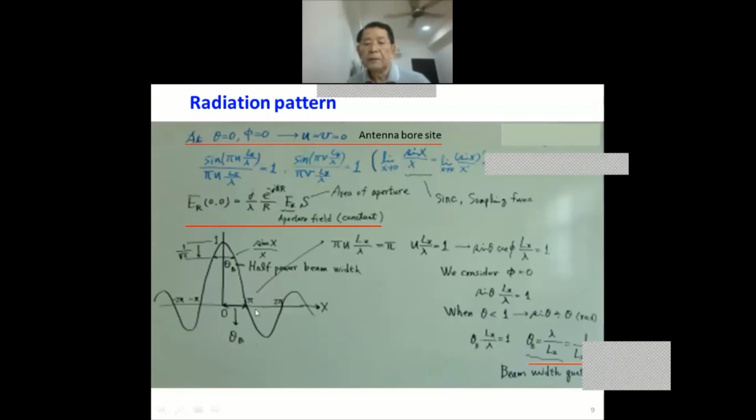So theta b, we are considering this angle at this condition. Then theta b Lx over lambda equals 1. Here sine theta is replaced by theta. So theta b multiplied by 1 is 1. So theta b is expressed by lambda divided by Lx.